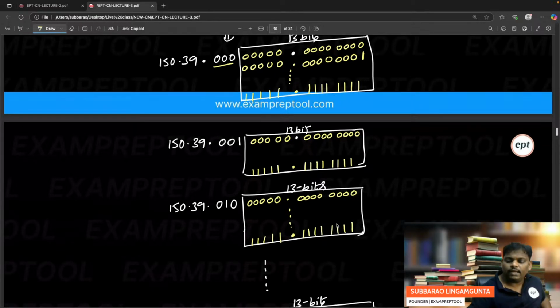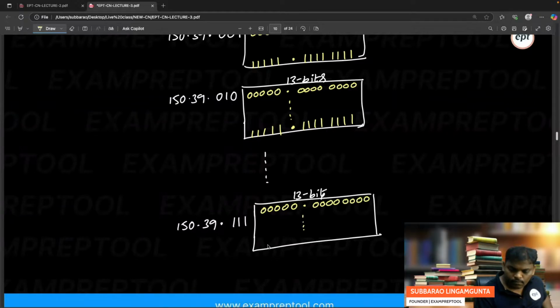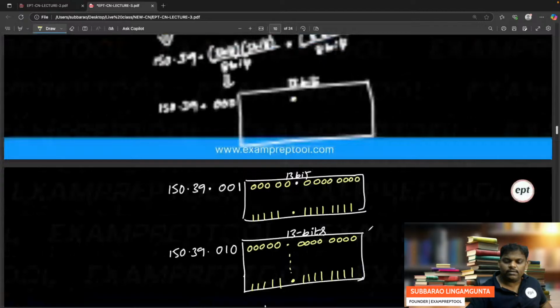So like that, lastly 13 zeros to 13 ones. That's it.